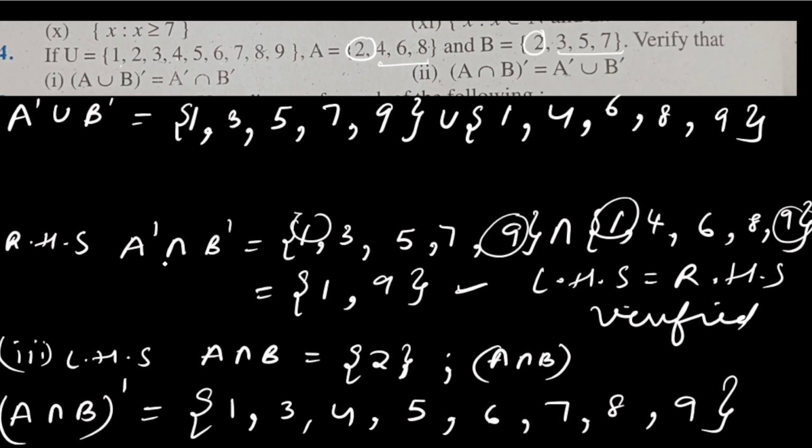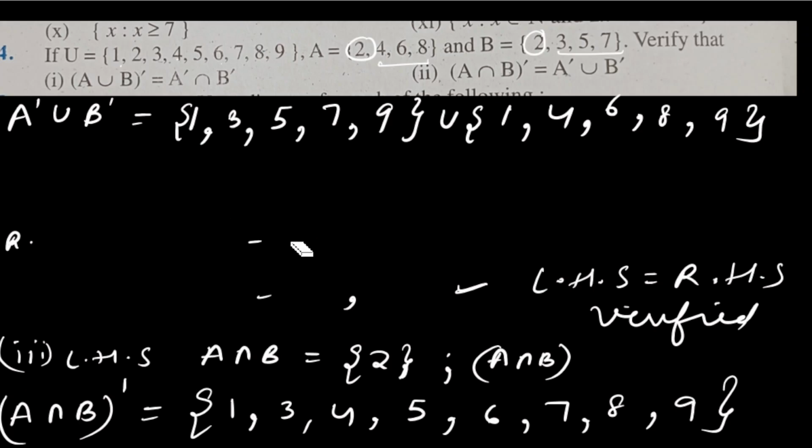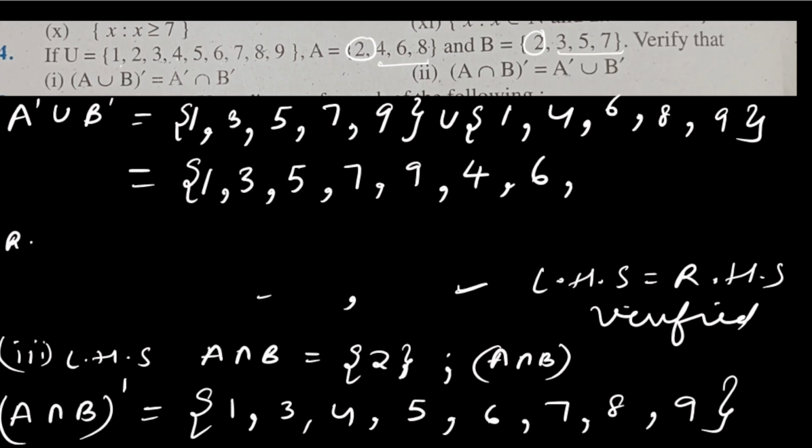Then I am just writing their union. Union means I have to write all the elements. First of all, the first set: 1, 3, 5, 7, 9. Again in here, 1 we have already written, 4 we can write, then 6 we can write, 8 also we can write. So the elements are 1, 3, 4, 5, 6, 7, 8, 9.